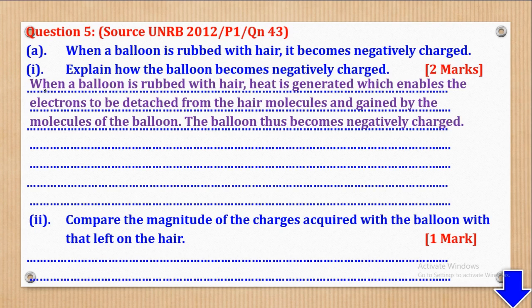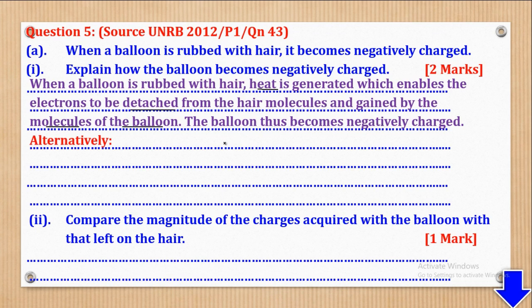So here I shall say that when a balloon is rubbed with air, heat is generated which enables the electrons to be detached from the air molecules and gained by the molecules of the balloon. The balloon thus becomes negatively charged. So basically that's what they wanted.